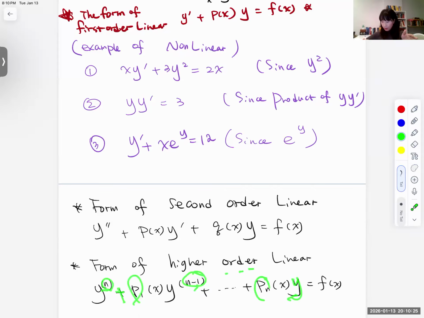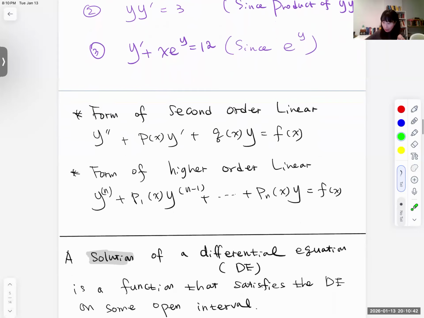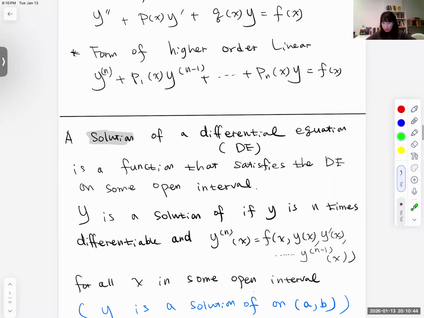Any polynomial can be used, so we make a notation: we can use P, Q, or A, B, C, whatever. So it's just linear. Is it clear? Okay. Now, terminology.